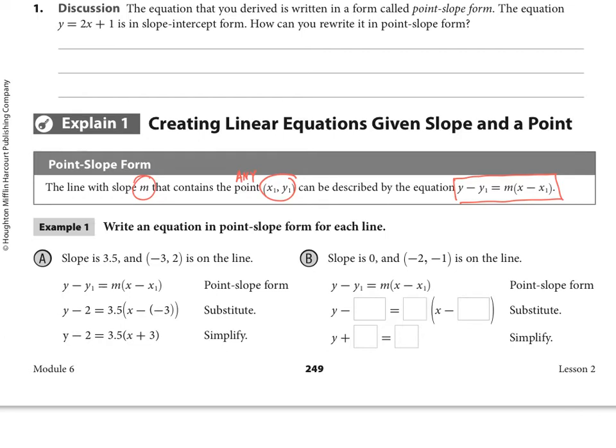And from there, we can graph it. We can do stuff to both sides of the equation and make it look like the slope-intercept form, or put it into standard form if you remember what that looks like. Okay, so let's look at an example.